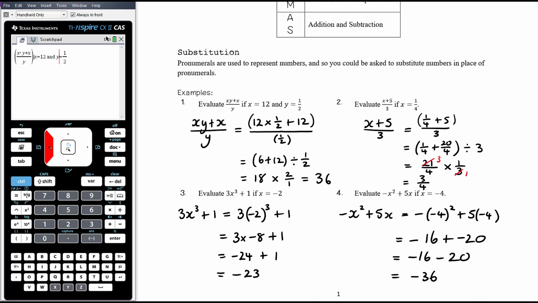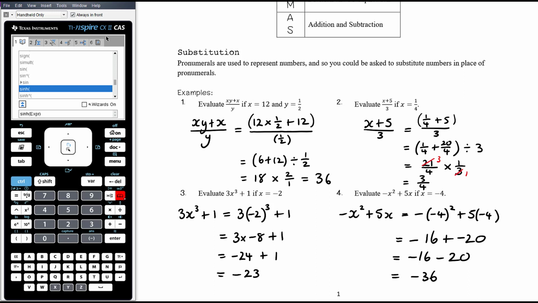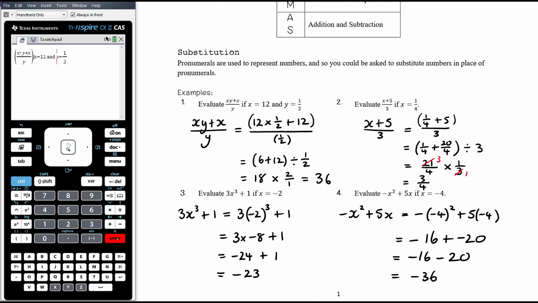The alternative to manually typing the word and is to go to the book, which is to the right next to the number 9, and that has every single function the CAS can do. So and is nice and easy to find quickly here. If you type a, it'll take you to the top of the list, and the third one down is and, so you can get it from there as well. And it will substitute x equals 12 and y equals 1/2 into that expression.